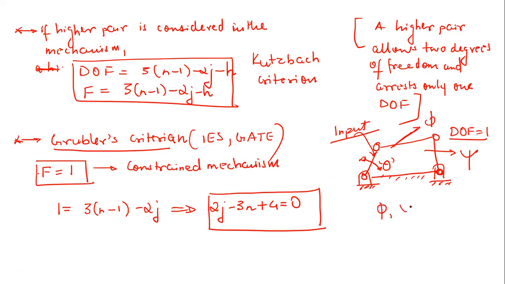Phi, psi, everything can be expressed in terms of theta. So this is very easy. The motion of this link and this link will be dependent upon theta, and you need to specify only the motion of this input link. This is the physical interpretation of a degree of freedom.